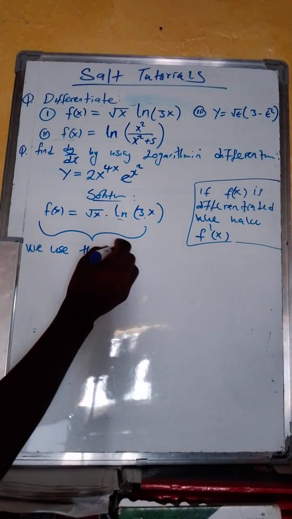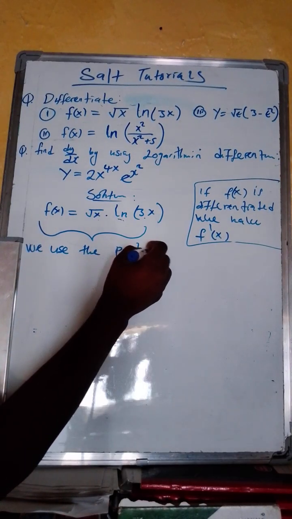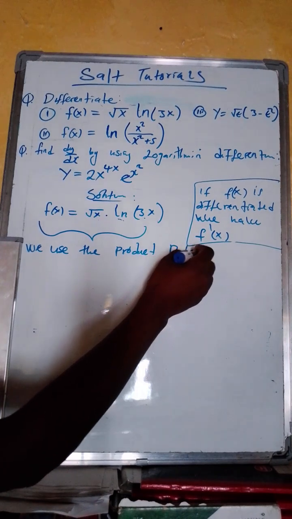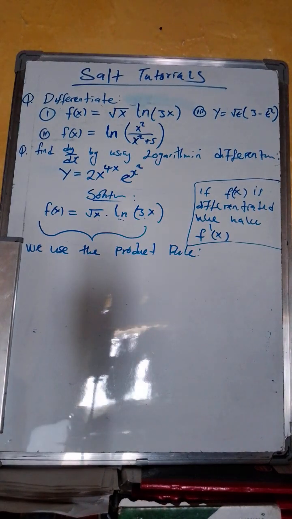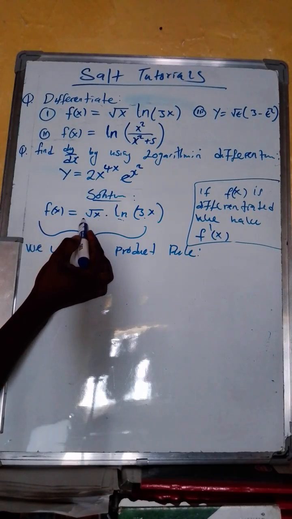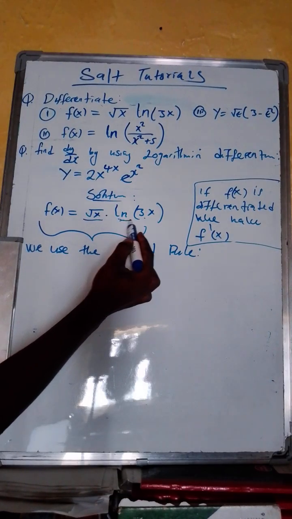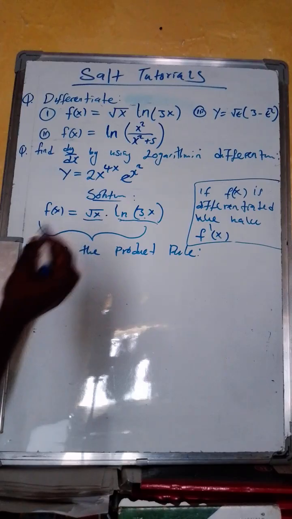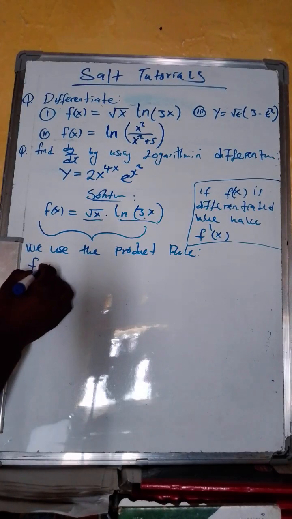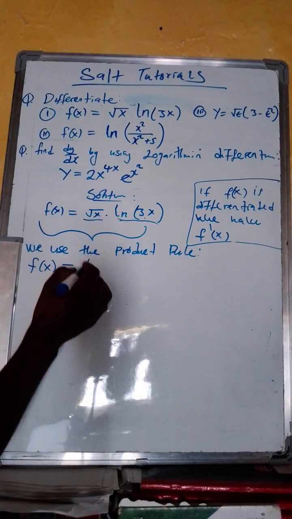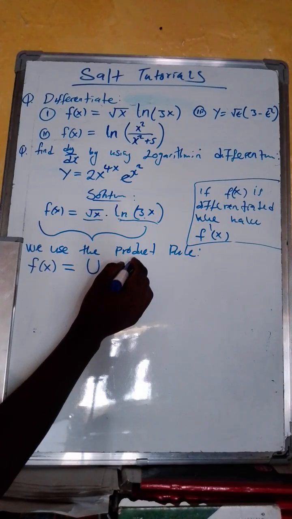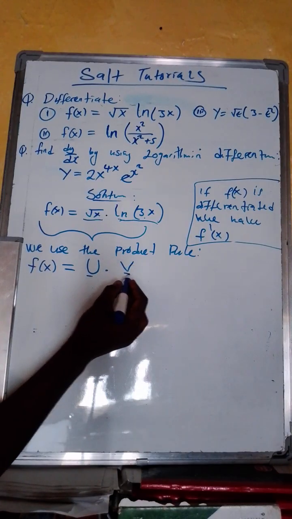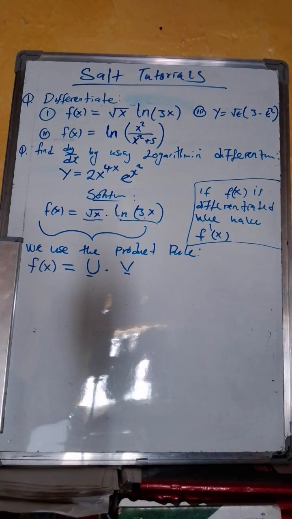The product rule is used once you see that a given function is a multiplication of two functions, both functions of x. So f of x is in the form u multiplied by v, where u and v are both functions of x.